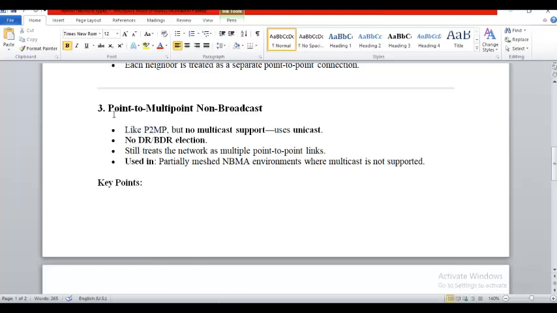And like non-broadcast, there is no multicast support. So neighbors need to be manually configured. And again, there is no DR BDR, so it can be used in hub and spoke or partial mesh. Manual neighbor configuration is like here.